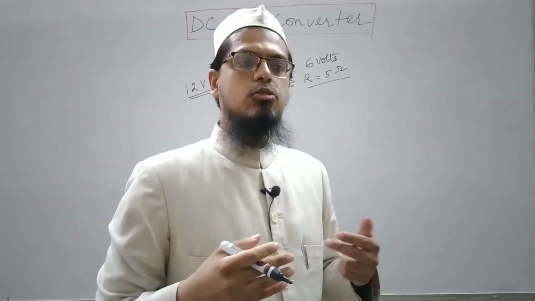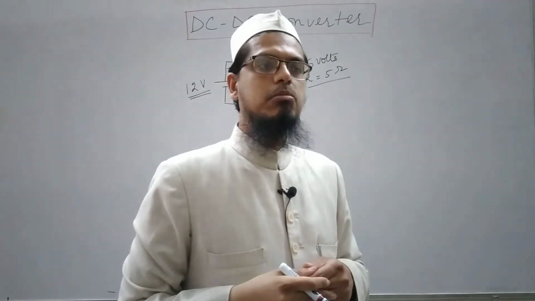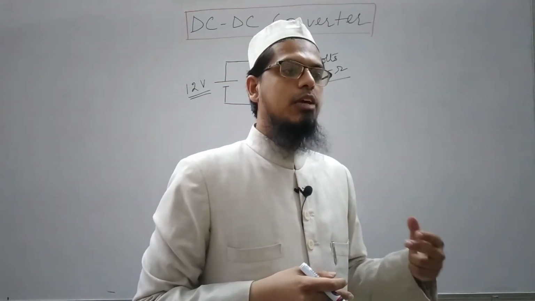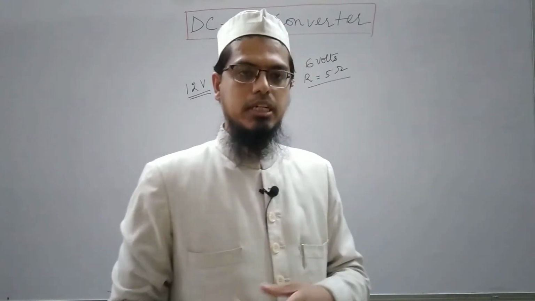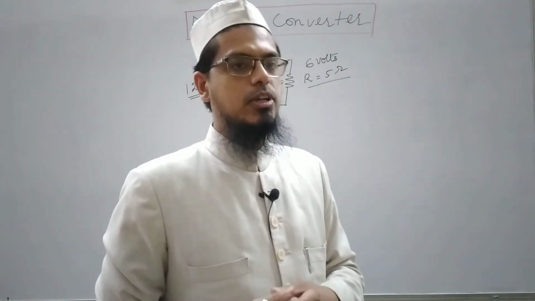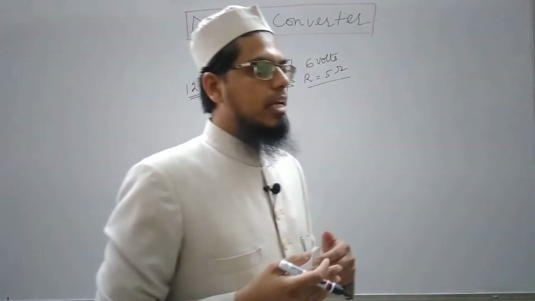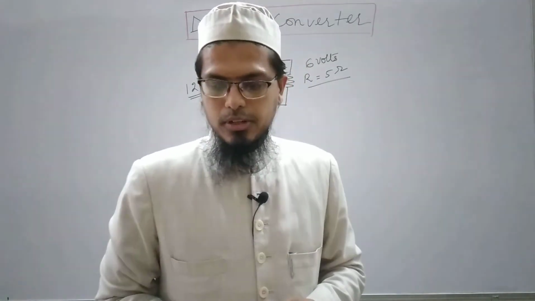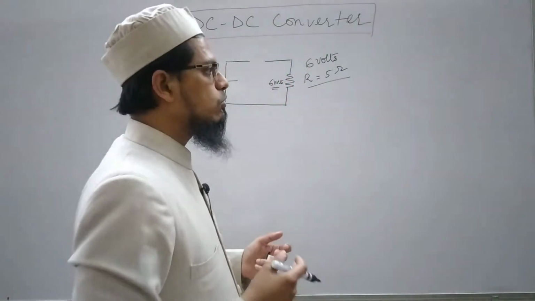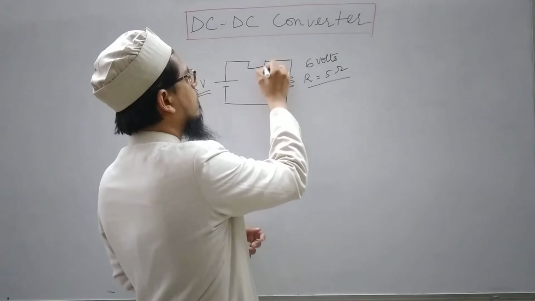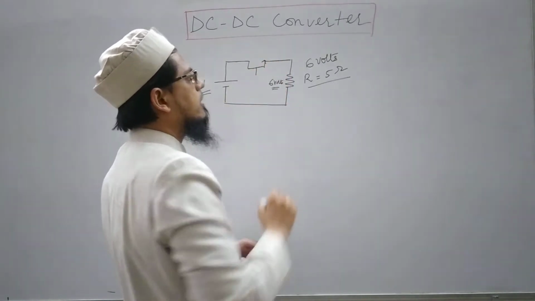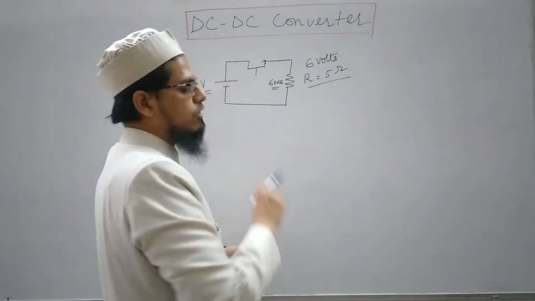They don't operate in turn on and turn off mode, but they allow a finite voltage to drop across it. So again in this case also this would lead to power loss, and this is again not desirable.